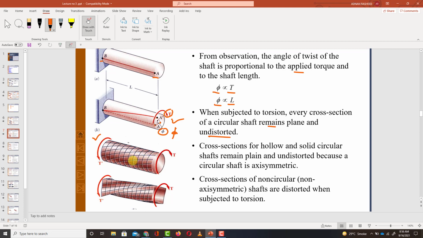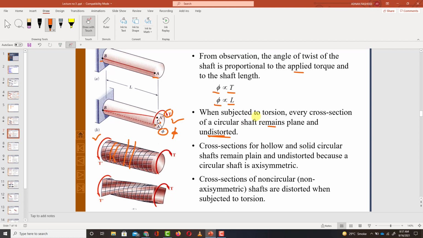But at every section, if you take any section, you have seen these circular arcs or circular shapes. You can see that at every section, the circular shaft remains plain and undistorted. It means that it will remain circular when you take the cross section at any point.